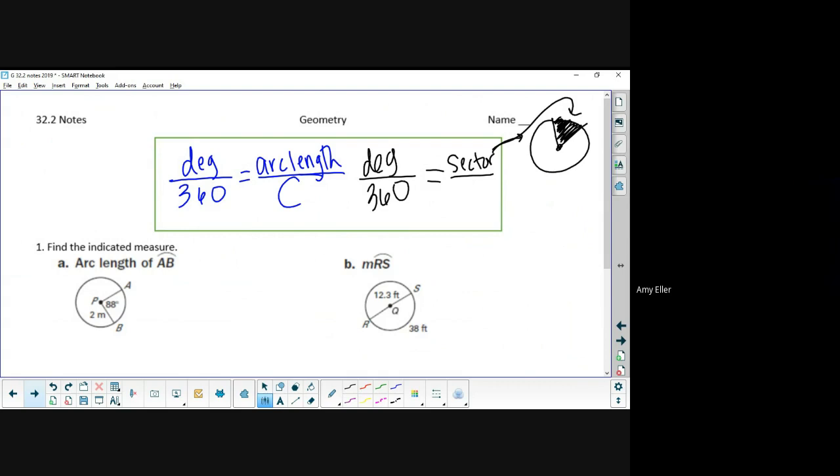It's a fraction of the whole area, the area of the whole circle. So I just put area of the entire circle. Questions on the formulas, how they work, anything?